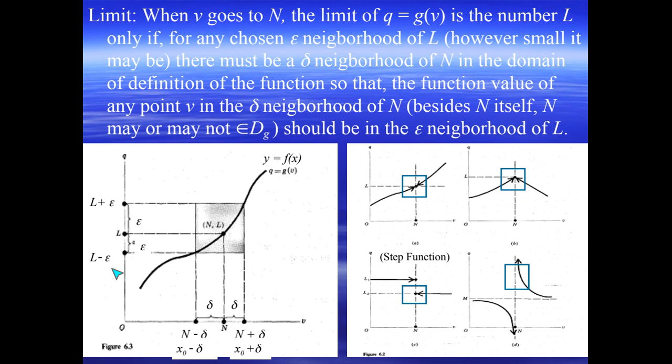It's not necessary. I will tell you in N minus delta, N plus delta, and L minus epsilon, L plus epsilon. Just imagine we are making an exercise, a sort of experiment. We have a camera. Instead of a camera, we can use our hands, and we make a zoom.